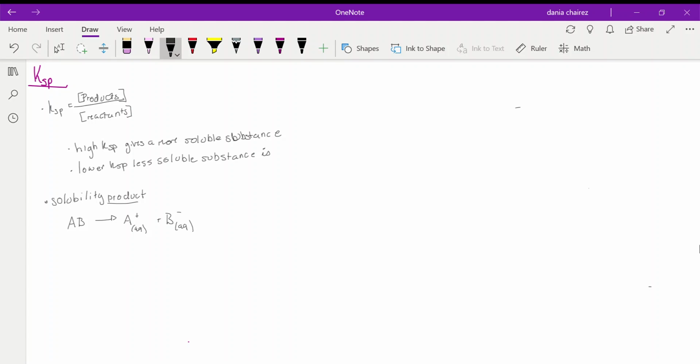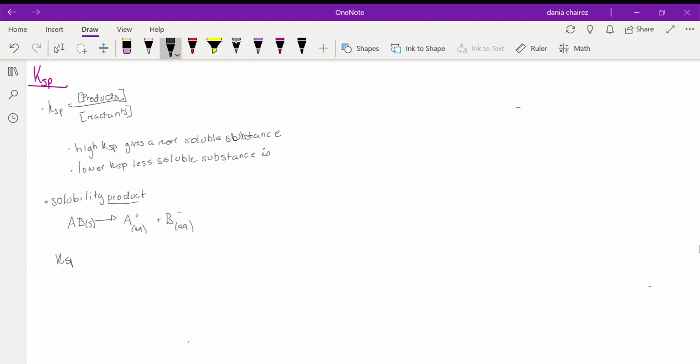But with KSP, we're dealing with salts, and normally your salts are solid. Like you can hold them, you can see them, you can taste them if they're not deadly, like sodium chloride. Don't taste the stuff in lab. But anyway, as I was saying, these usually end up being solid.